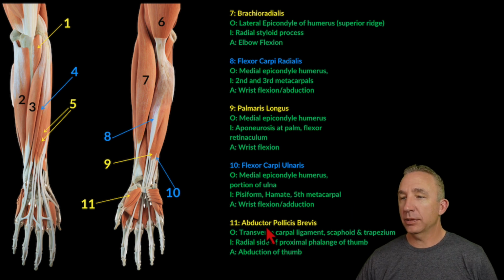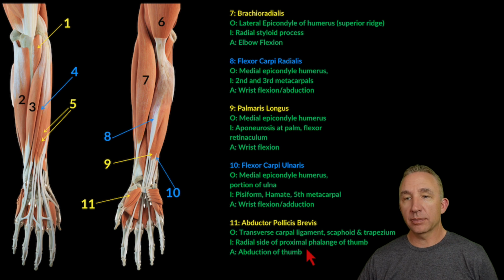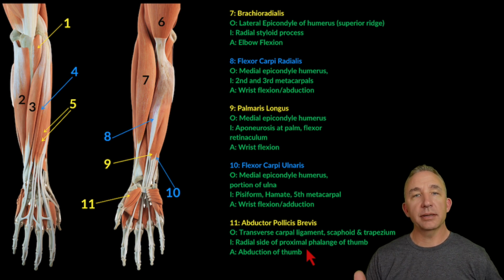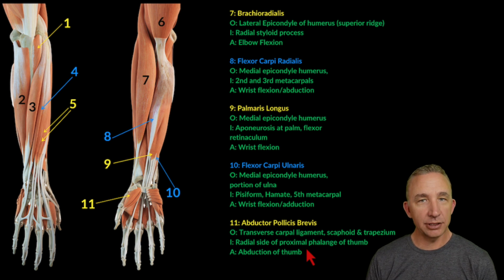And then abductor pollicis brevis, going back to this, is referring to the thumb. So our goal is to abduct the thumb because we're going to insert on the proximal phalange. So as you organize your OIAs, try to put them together in similarity based on their actions, because when they have similar actions, some of the origins and the insertions are also the same.